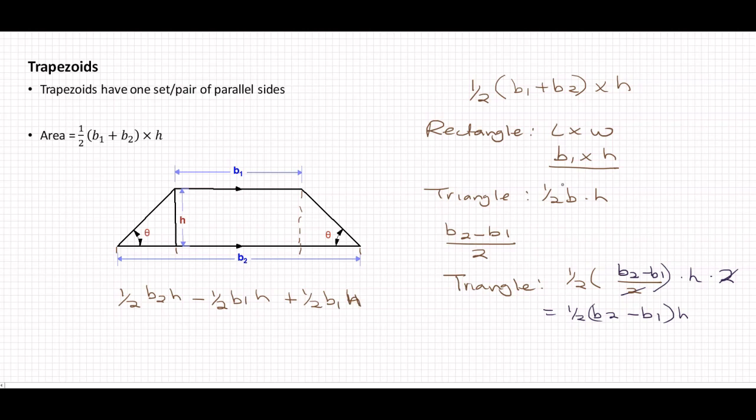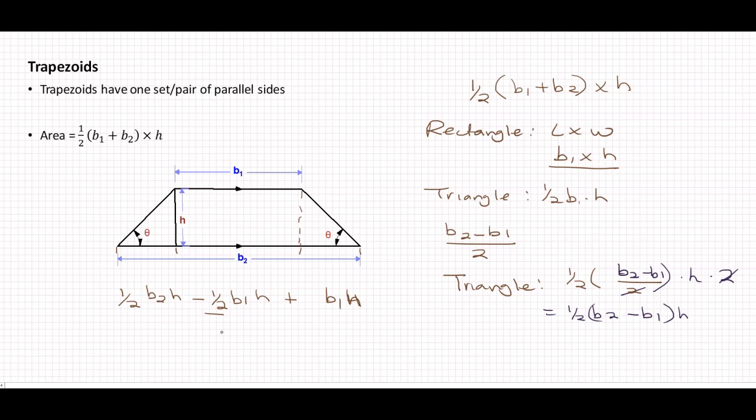Sorry, that's an H here, so this is actually B1 right here. So 1/2 B2H, this is minus 1/2 B1H, plus, this is an error, it's B1H. Let's correct it.